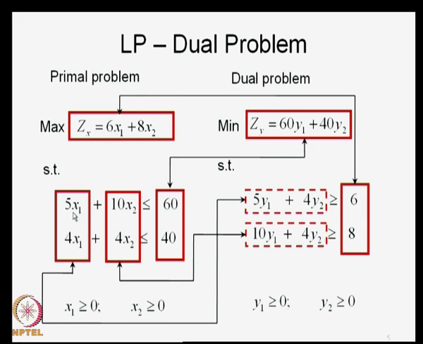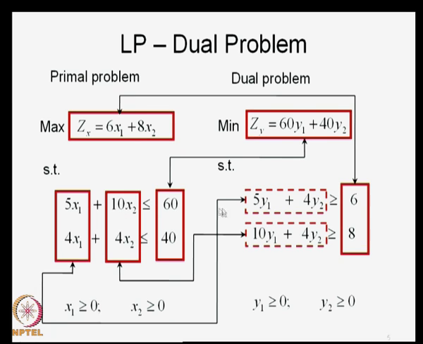So, what we will do is, we will look at x 1 now, 5 x 1 and 4 x 1 are there corresponding to the two constraints. So, we will write 5 y 1 plus 4 y 2. So, this is the constraint corresponding to the variable x 1, and the right hand side of the constraint is in fact the objective function coefficient of this particular variable x 1, 6 and 8.